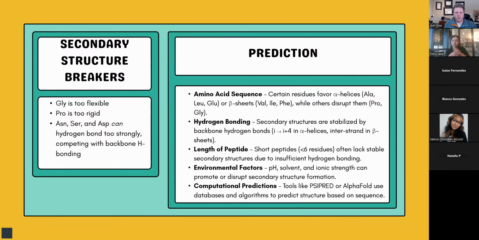Now there is hydrogen bonding that takes place in the backbone, and other factors contribute to whether a secondary structure is going to form: what's the solvent, what are the environmental conditions, and how long is the peptide. If something is short, less than six residues, it doesn't have the stability to form a secondary structure.